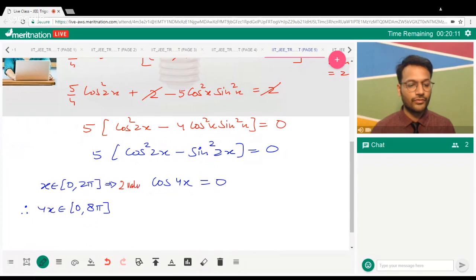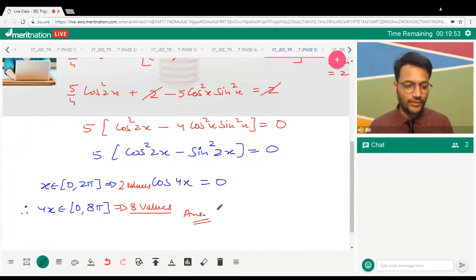It's a periodic function, right? So for this 2 pi, you're going to have 4 periods of such sort. You're going to have 8 values. Right? 8 values. So this is the answer to the question. It's an integer type question, so you need to post your answer, write your answer over there. So 8 is the answer to the question.